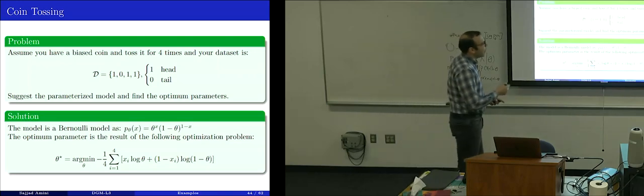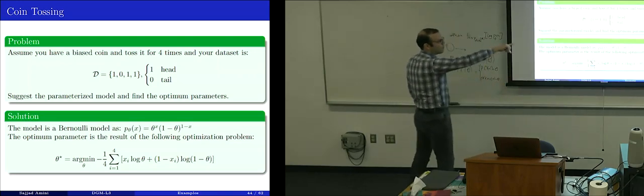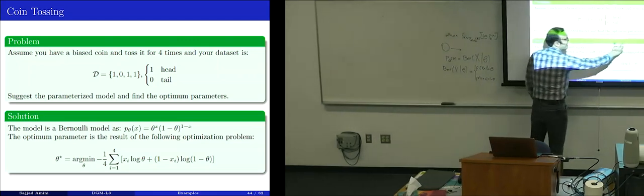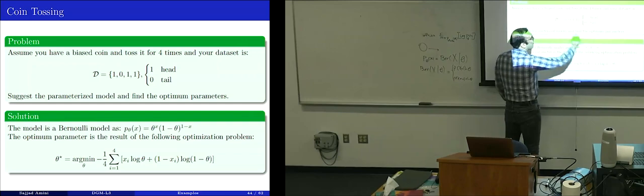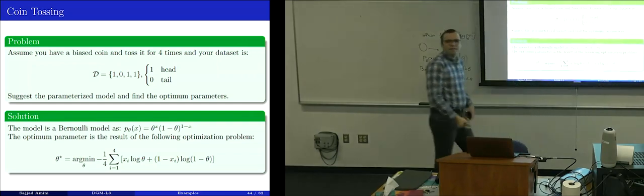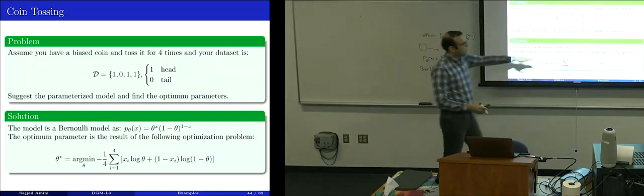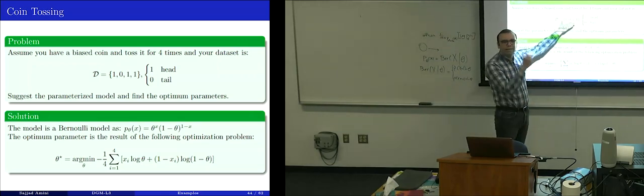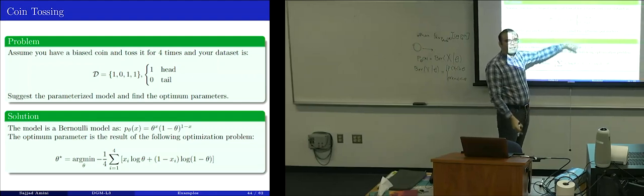So I should optimize my parameter theta such that this value for this data set is maximized. Because this is the model, and this is what in reality we see from this coin. A good model should be very near to the reality.